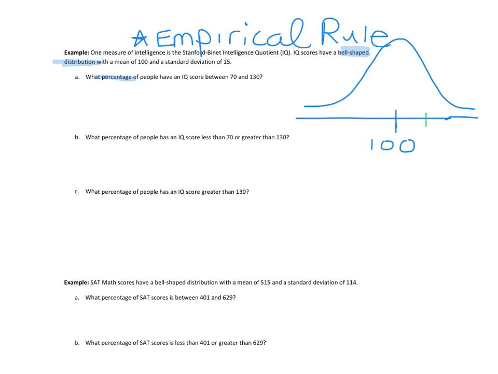We go 1, 2, 3 standard deviations up, and 1, 2, 3 standard deviations to the left or down. All right, so a standard deviation is 15. So let's add 15 each time. So there's 1 standard deviation away or up from the mean. There's 2, kind of running out of room, and then 3 standard deviations would be 145.